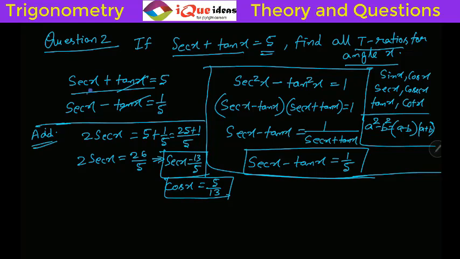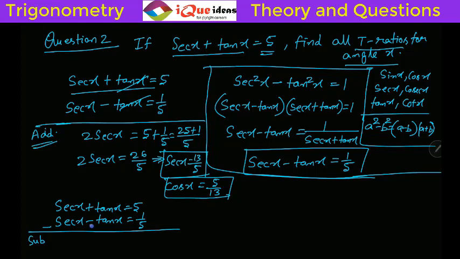Or what you can also do is go back here and subtract. So I'll write those two equations again. Sec x plus tan x equal to 5. Sec x minus tan x equal to 1 by 5. And now you subtract. So if you subtract, what will happen? This becomes minus, this becomes plus. Sec x and sec x get cancelled. Tan x plus tan x is 2 tan x.